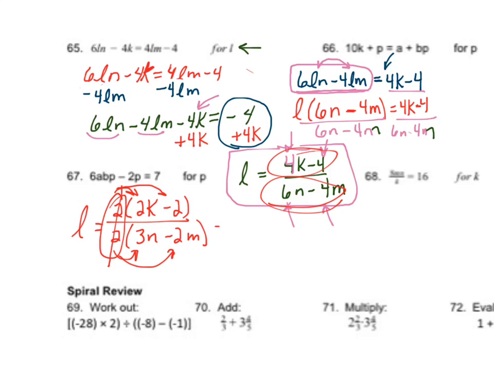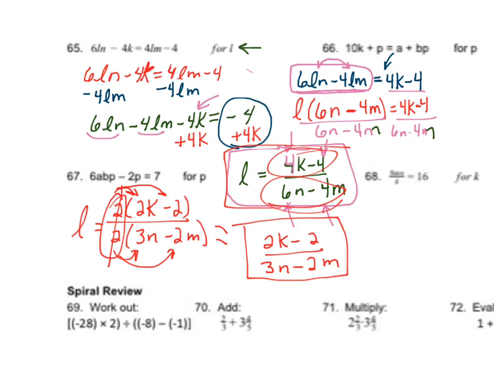Those simplify out to just a 1. And so the best answer for L would be 2k minus 2 over 3n minus 2m. Again, the one we got to first is okay, but this one is the really good one.